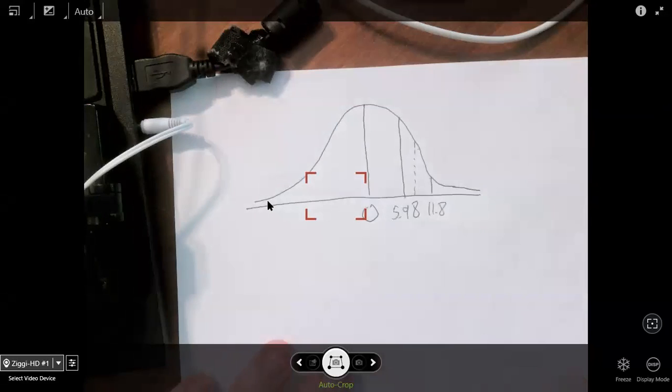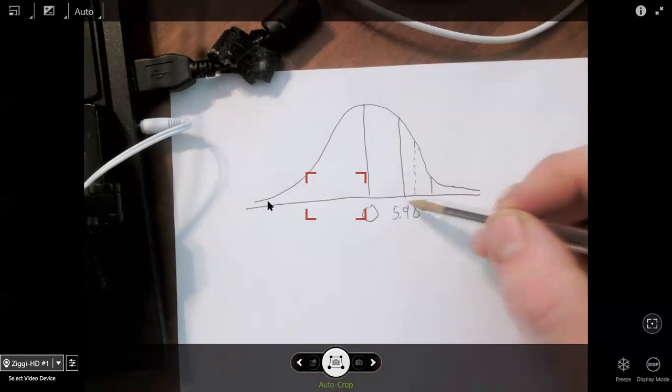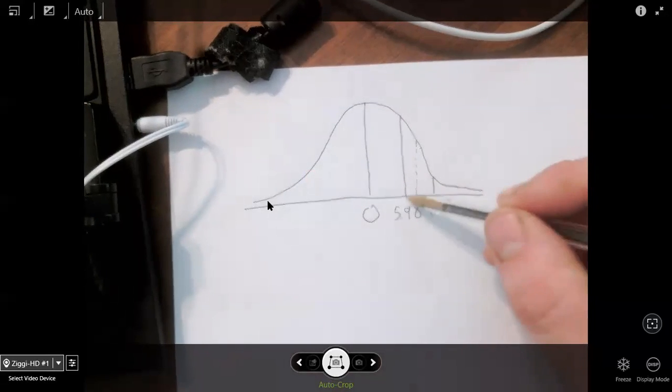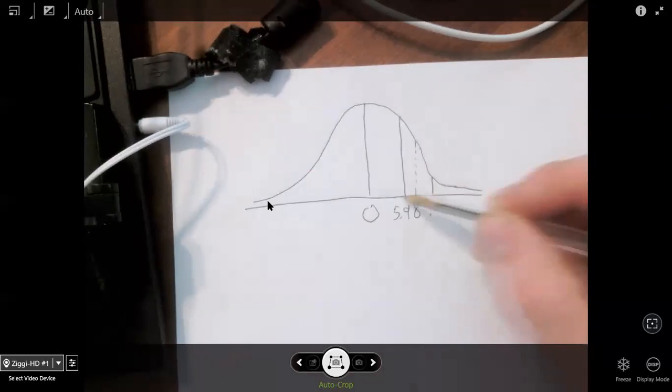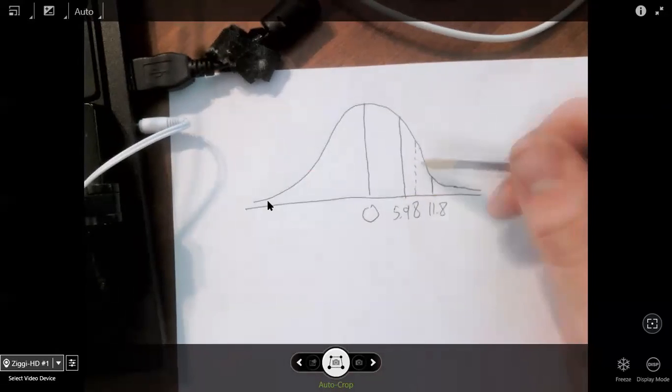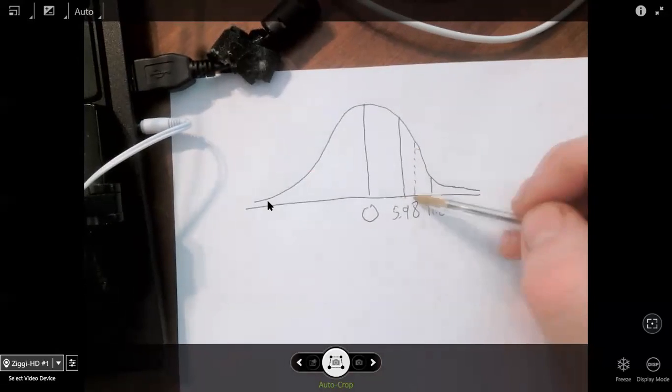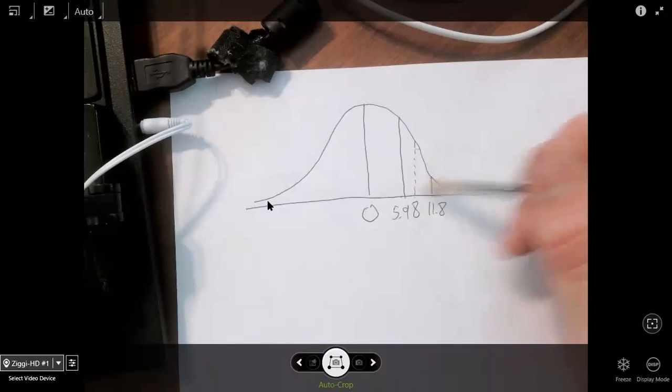There we go. What you could do is just give yourself an idea of what I expect my calculation to be when I do this number minus the mean over the standard deviation. I expect it to be between 1 and 2 standard deviations above the mean. And that's what you're shading right there.